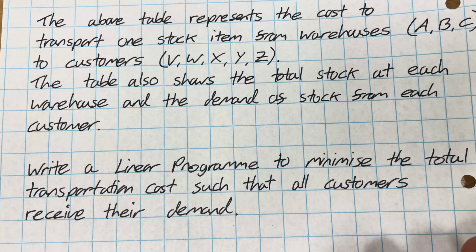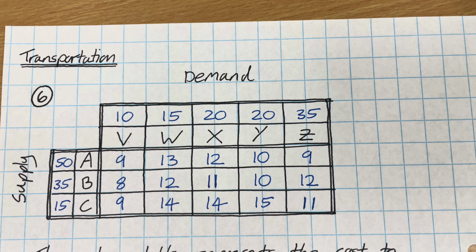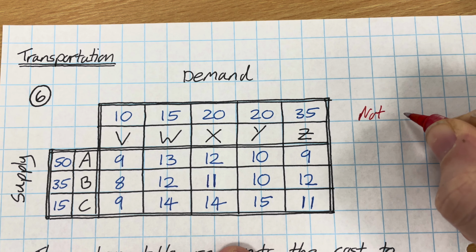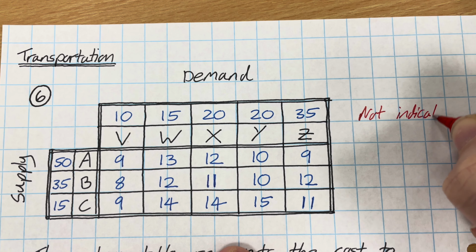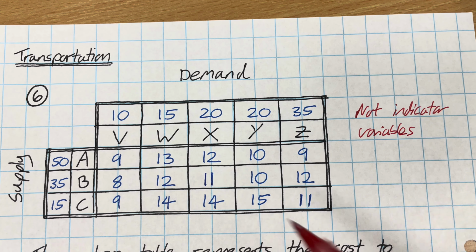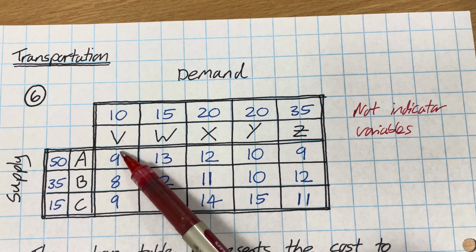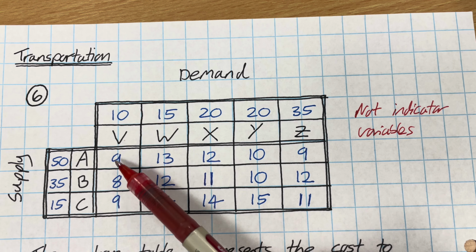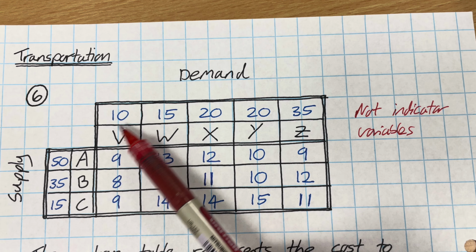Unlike the previous 2 problems, this one is not going to use indicator variables. That is simply because, just because this isn't 0, it doesn't mean that all 50 stock goes from A to V. In fact, it's going to be somewhere between 0 and 10.